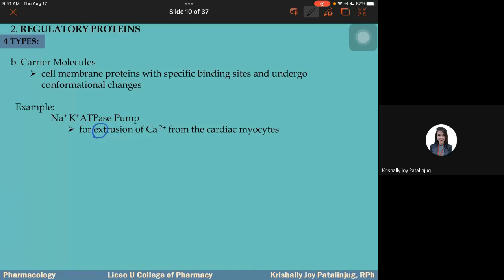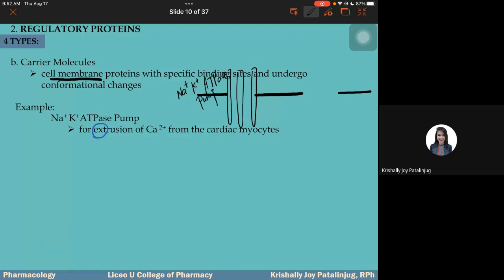Let me draw an illustration of a cell membrane because it's a cell membrane protein. So let's say this is the cell membrane, and embedded here on this portion, let me label, is the sodium potassium ATPase pump. Now, please take note that this pump works along with another exchanger.